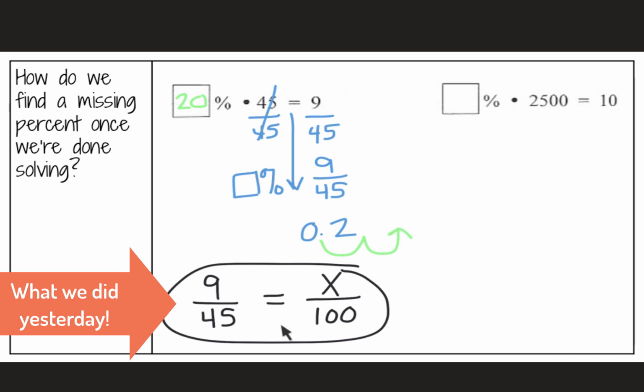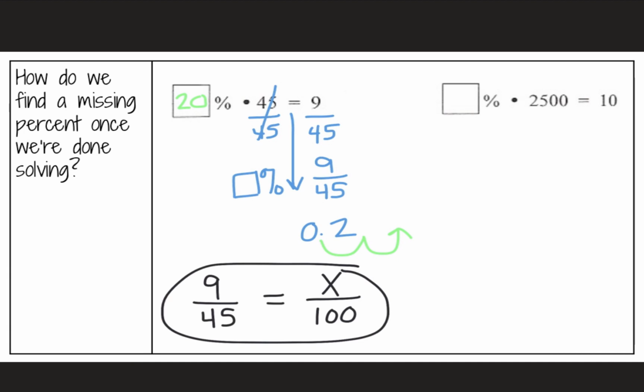Yes, and remember, we can solve math problems in a lot of different ways. We are using what we already know about multiplication and division and solving one-step equations. Key thing here is when we got this answer of 9/45, that doesn't mean it's 9/45%. That means the percent is equivalent to the value of 9/45. So we changed it into a decimal, we moved it, then we got our percent.